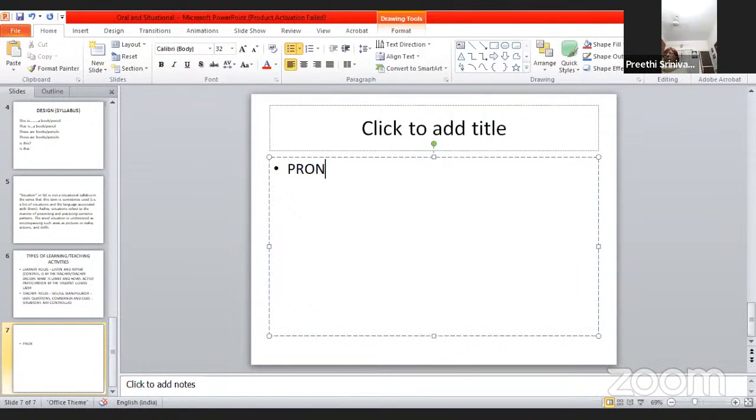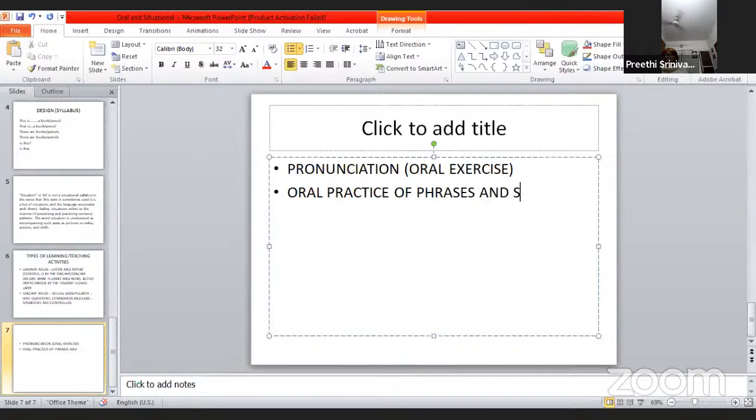So they are trained in pronunciation. This is oral exercise. Oral practice of phrases and sentences. Then writing practice. There you have just exercises, grammar.